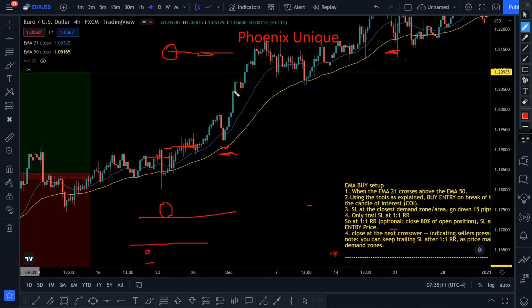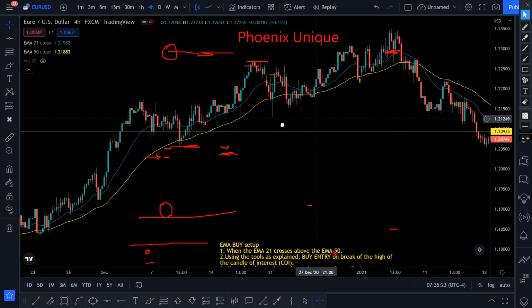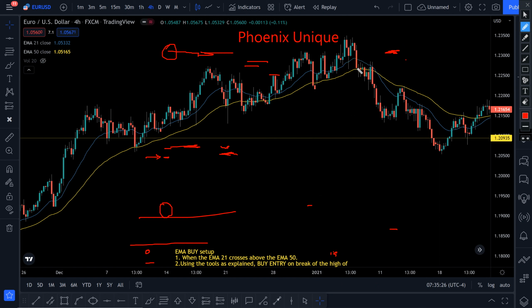If you had trailed your stop loss using the supply and demand here, what do you think happened here? You'd have been taken out. Look at the huge chunk of food waiting for you that you'd have left on the table. So what you got to do is just leave it until you meet the next crossover. Now this is the next crossover. Again, you keep your vertical line handy.